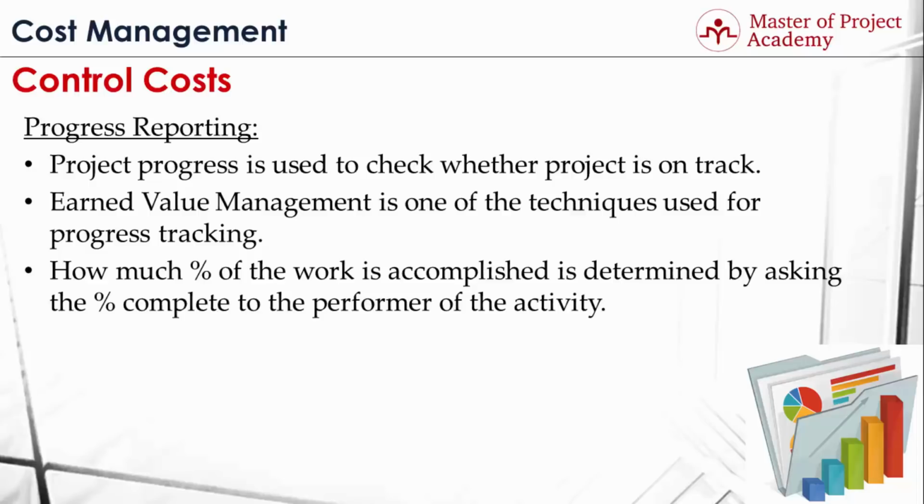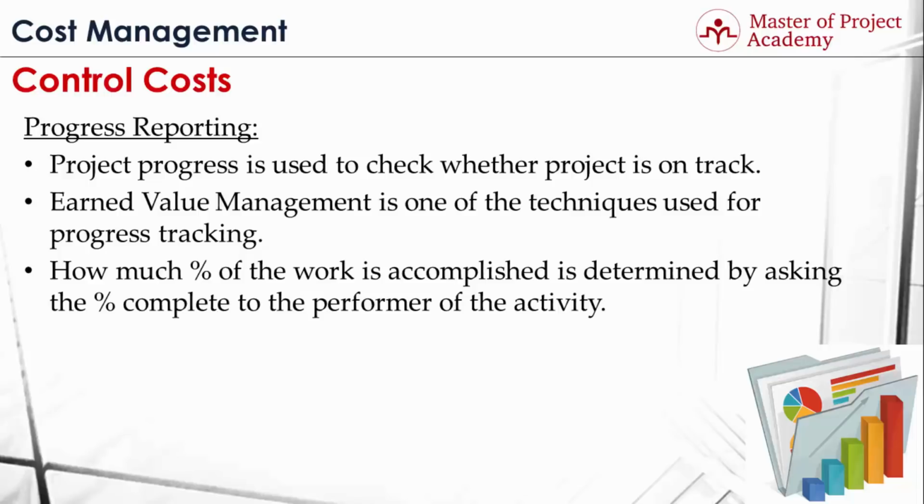And this is generally done by asking each resource of a project at what % he or she is in his specific task. Task tracking tools may be used to collect this info from project resources.